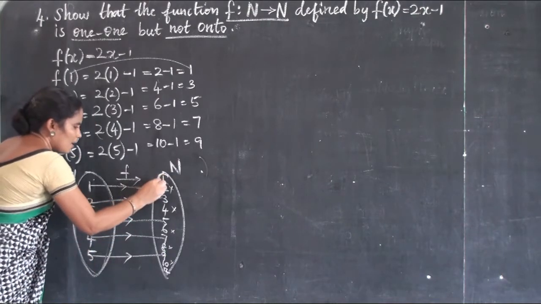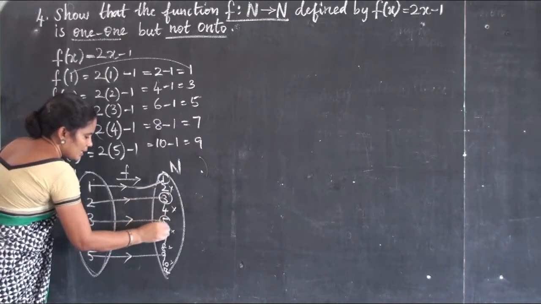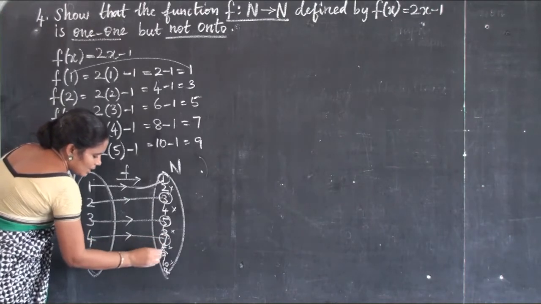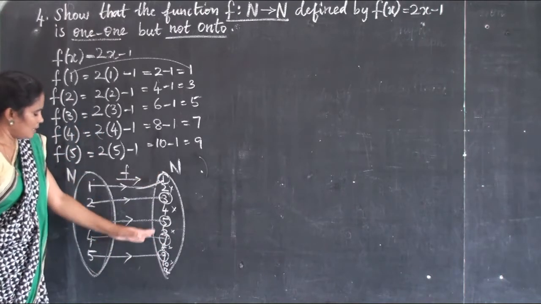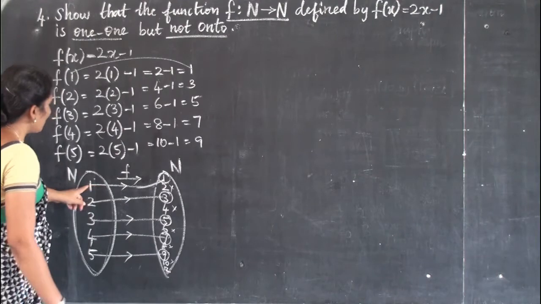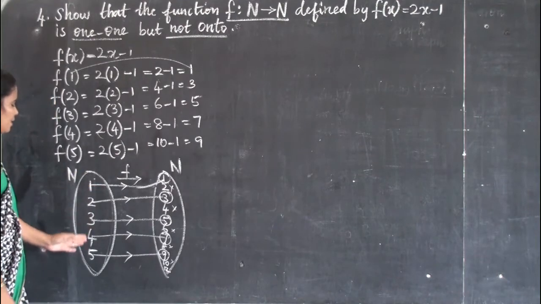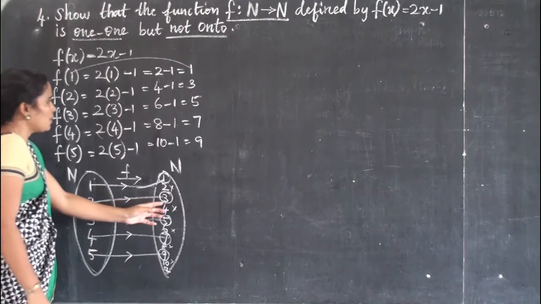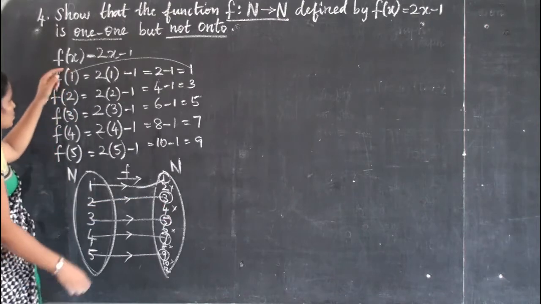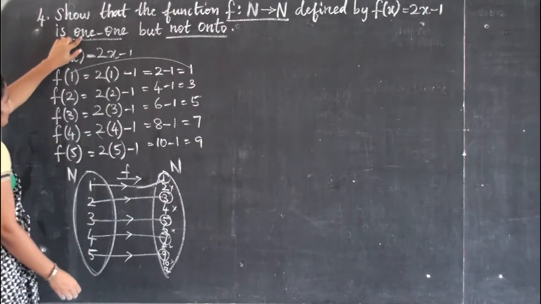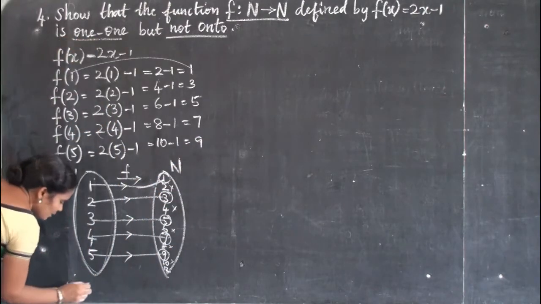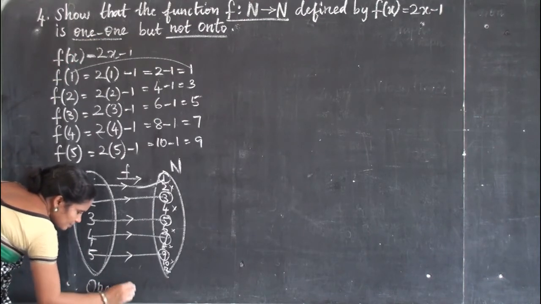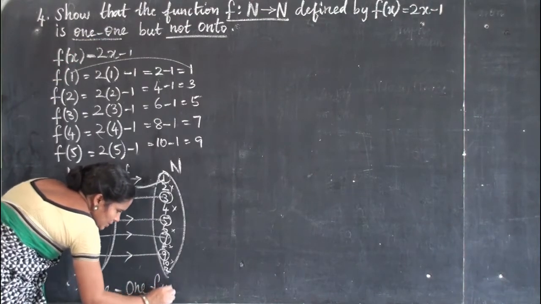But here we have 1, 3, 5, 7 and 9 as images. Hence all the elements present in the domain have an image in the codomain. Therefore it is a one-to-one function.